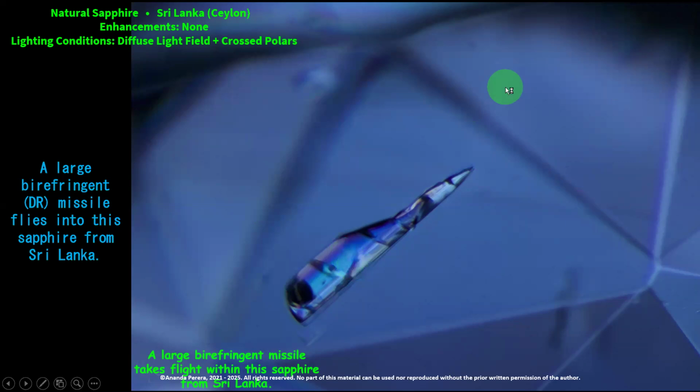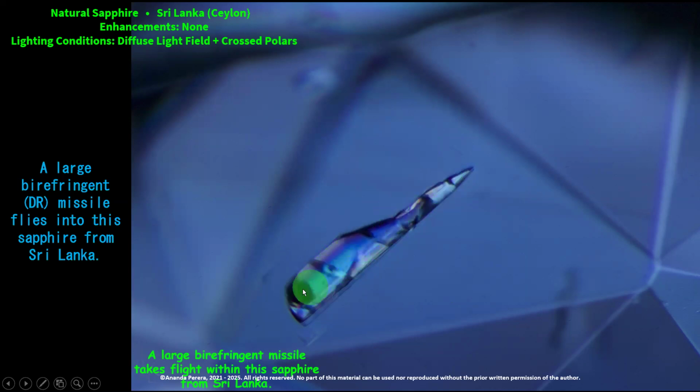Look at the blue stone here. The lighting conditions here are diffuse light field plus crossed polars and diffuse light field. It is also a Sri Lankan sapphire, natural sapphire, no heat treatment. A large negative crystal.